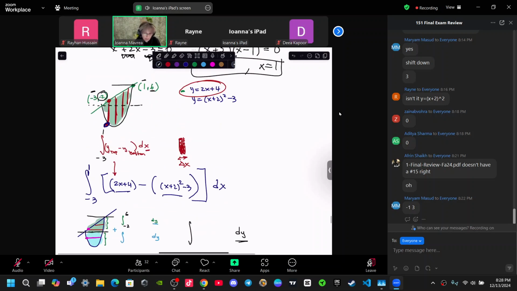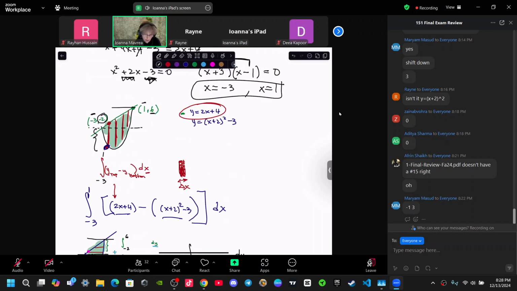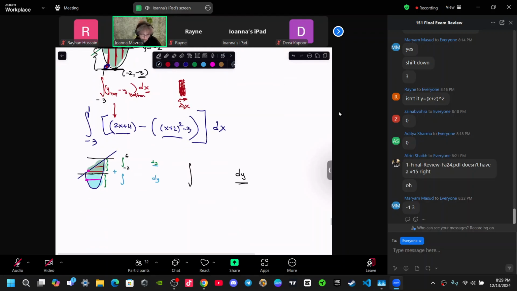And for the bottom, for this part, the y goes from this y to that y. This y is from the vertex. The vertex, again, was (-2, -3). So the y here is -3 all the way to this y, where y is -2. I can see it in the intersection points. So the bottom integral, the blue one, is going to go from y = -3 to y = -2.